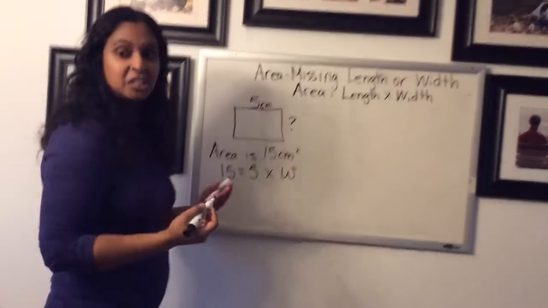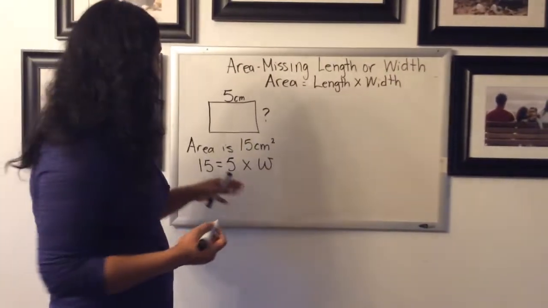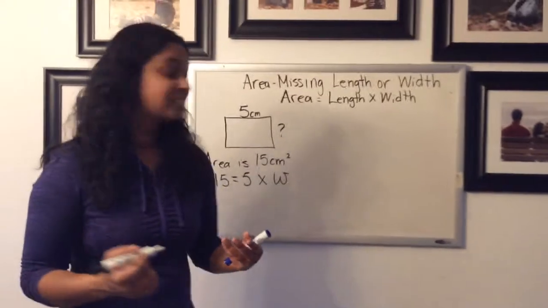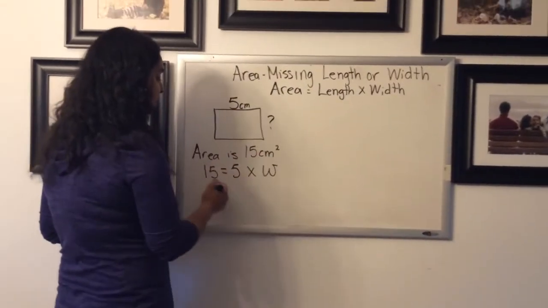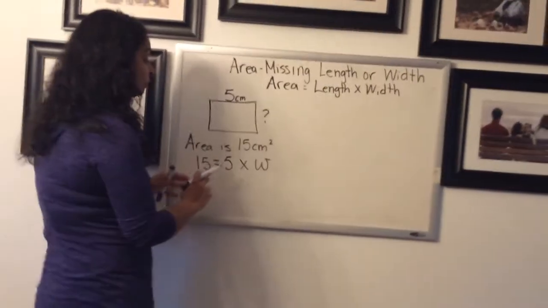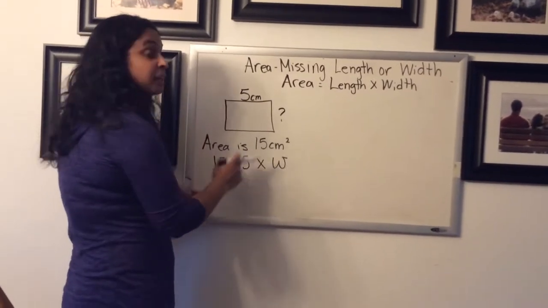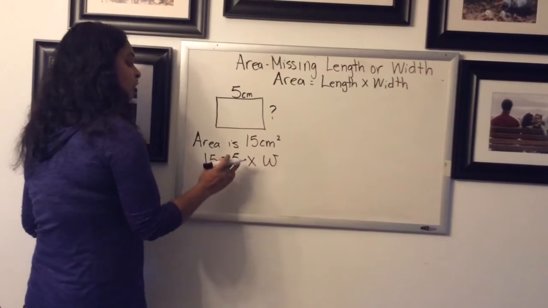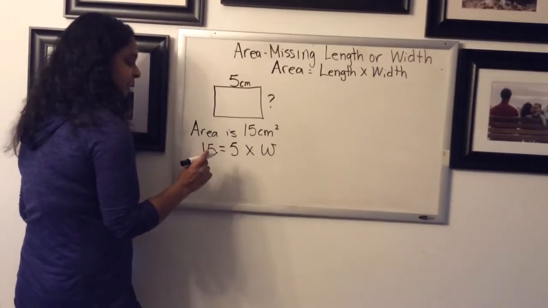So the best way to do this is to actually be thinking about your fact families. So how will you use your fact families to help you? In other words, multiplication and division are related. So do you know what the other number is that goes with 5 and 15?